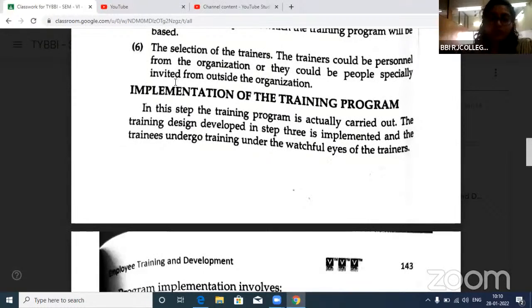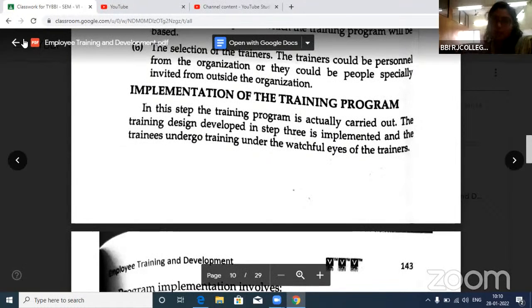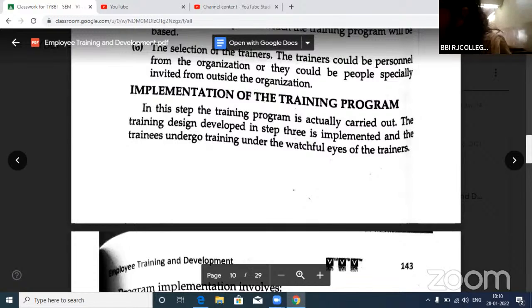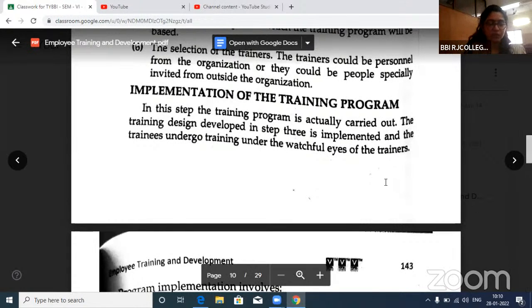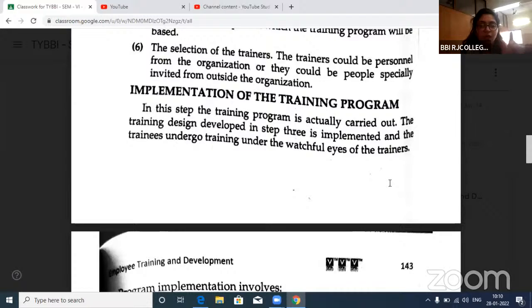Okay. Now next is implementation of training program. What do you mean by implementation, students? Implementation means execution. Executing the plan now. Whatever program you made, now you need to execute the plan. Now you need to carry forward the plan.